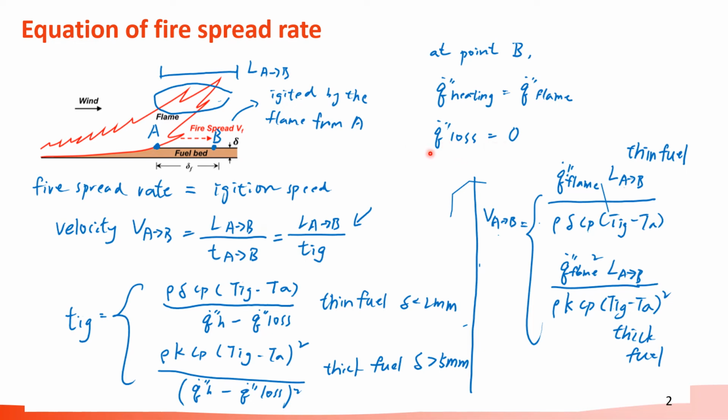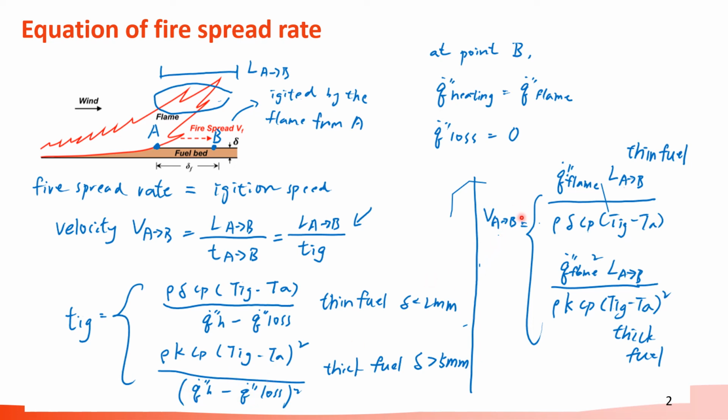Why? It is because the flame almost covers point B, so there will be no convective loss or any other loss. So the main heat flux is coming from the flame. So in the denominator, it will be just the heat flux of the flame. Also here, it's just the heat flux of the flame.